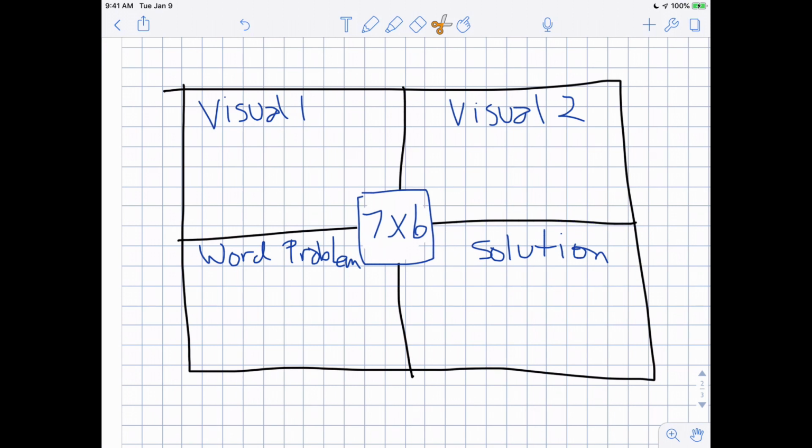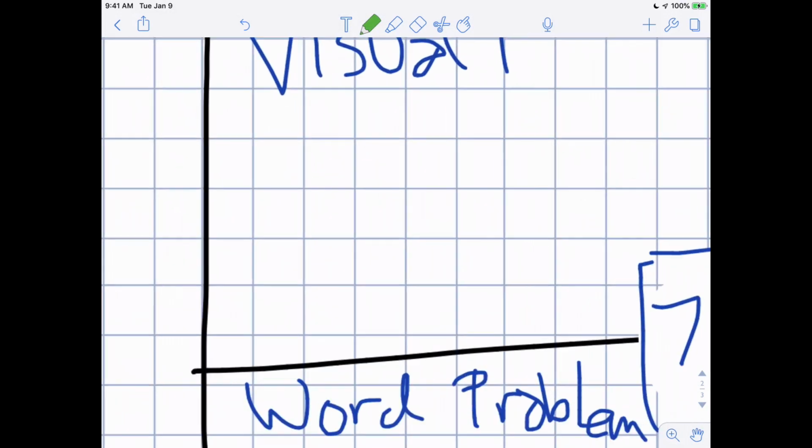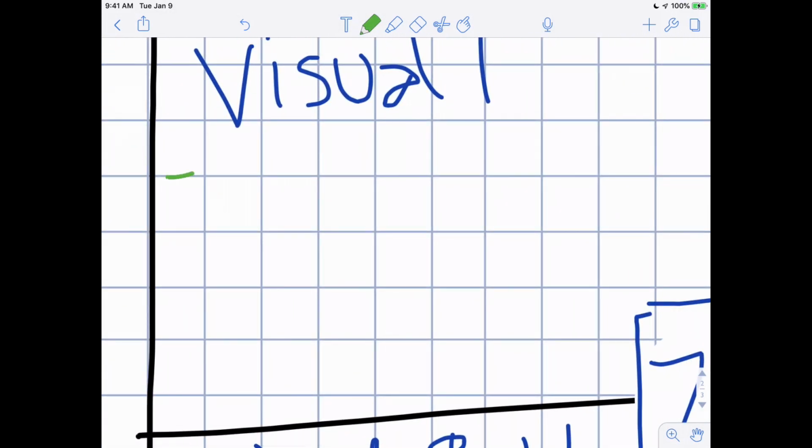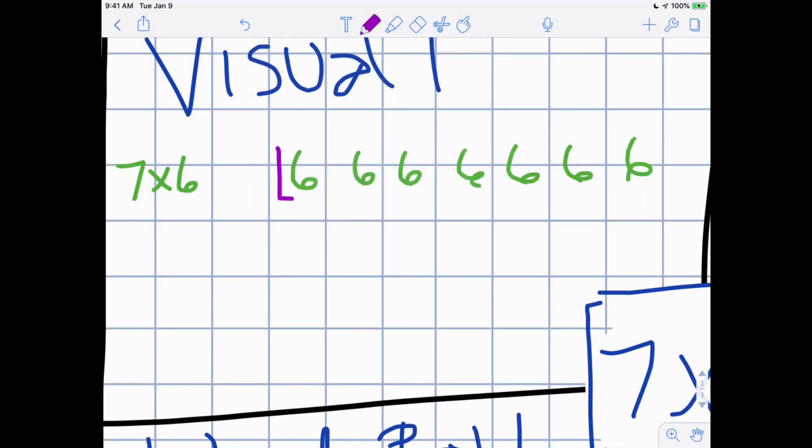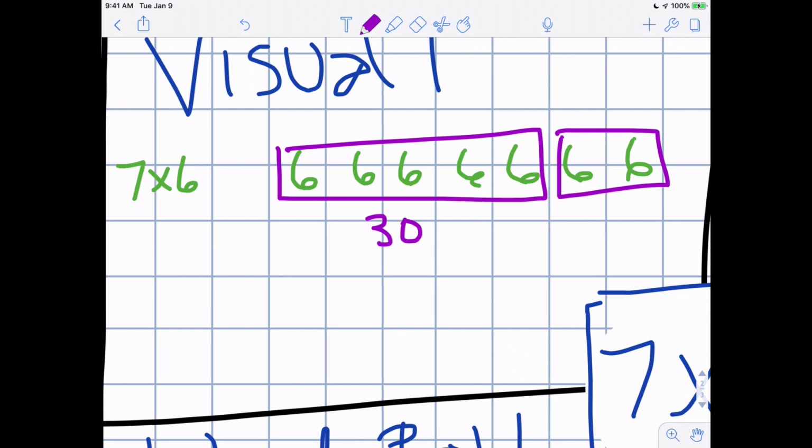And the idea is these things are going to support each other as our students are thinking. So what might visual 1 look like? Visual 1 might be that 7 times 6 is, 1, 2, 3, 4, 5, 6, 7 copies of the 6, and that 5 copies of the 6 is right here. That's 5 copies of the 6 is 30, 2 copies of the 6 is 12, and there's our 42.